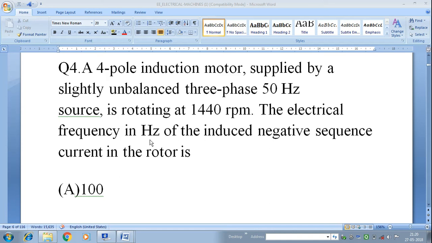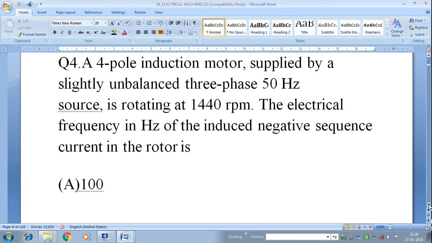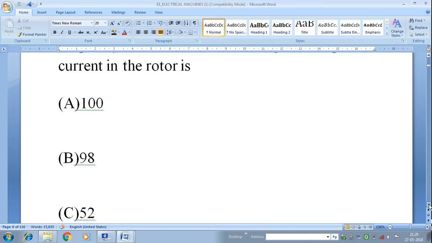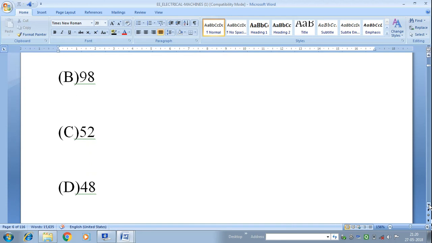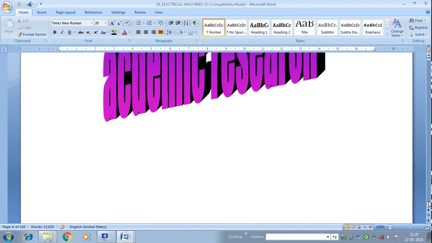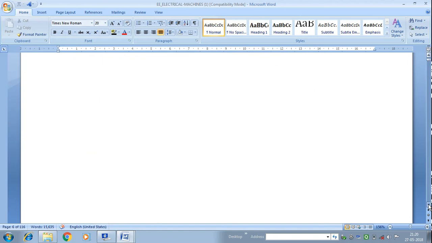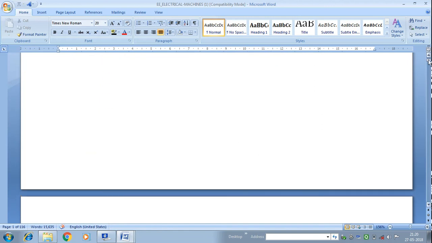The electrical frequency in hertz of the induced negative sequence current in the rotor is, these are the four possible answers. So here you should understand the actual question.